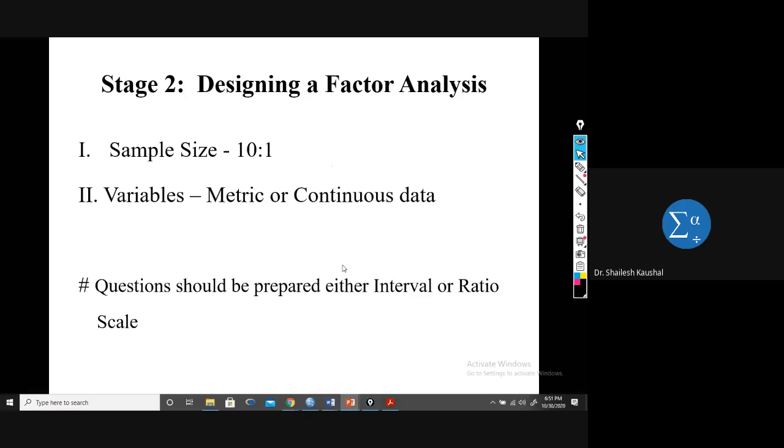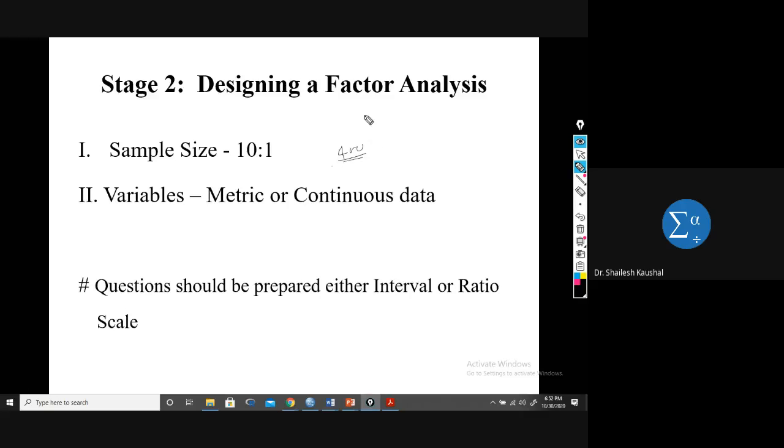Now the second stage, designing a factor analysis. What should be the sample size? The ratio is 10 to 1. If we are taking 40 questions in our study, the sample size should be 400.